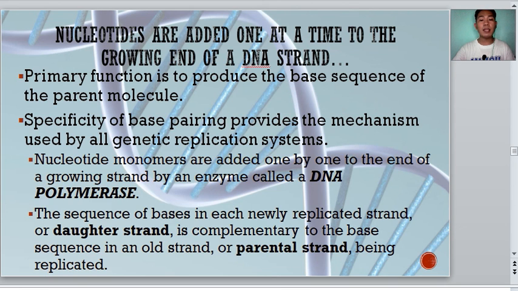So the sequence of bases in each newly replicated strand, or daughter strand, is complementary to the base sequence in an old strand, or parental strand, being replicated. For example, wherever an adenine nucleotide is present in the parental strand, a thymine nucleotide will be added to the growing end of the daughter strand.